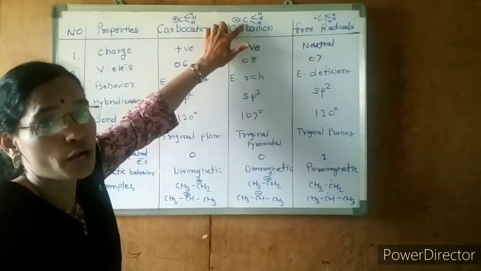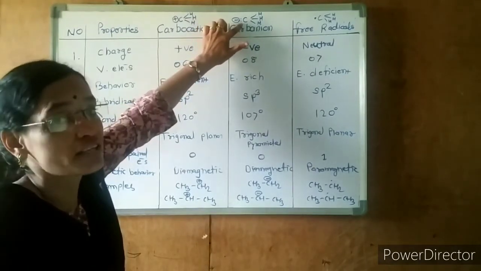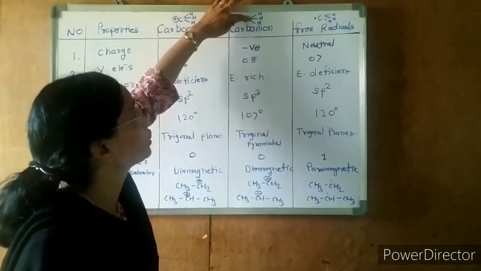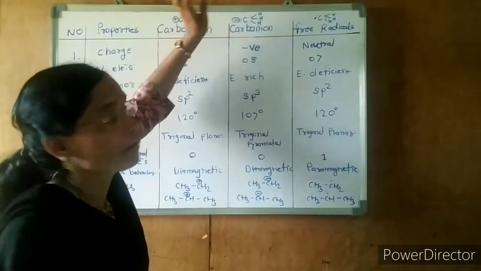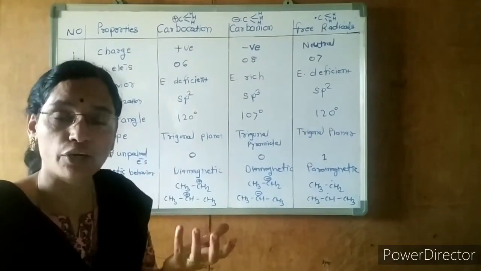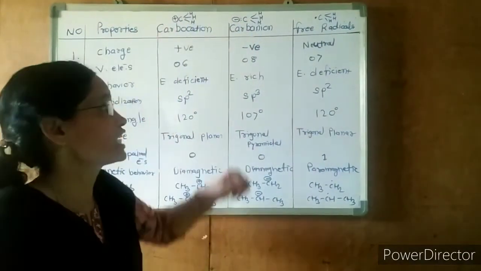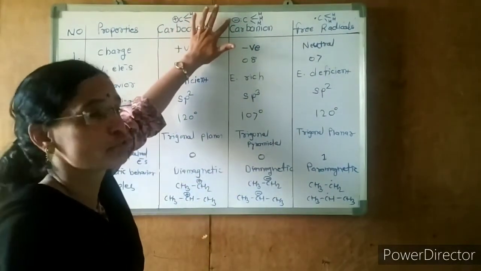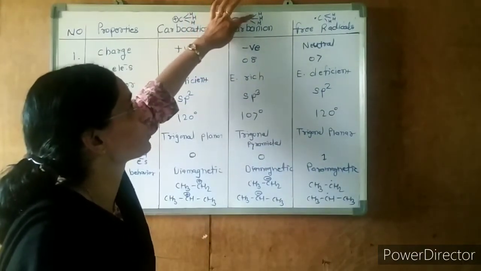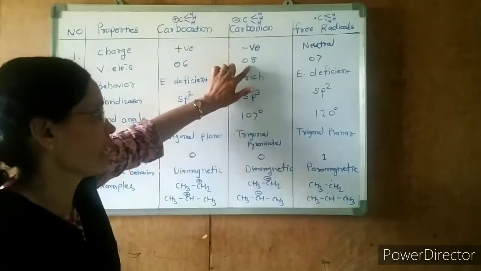Valency of carbon is 4. But how many electrons is it having around it? 5 electrons, right? This 1, 2, 3, 4 and 5 electrons. Means 1 electron is extra and that extra electron is attracted by the carbon from another carbon. That's why it is getting the negative charge, right? So how many total electrons are there? 2 plus 2 plus 2 plus 1 lone pair, means total 8 electrons are there.